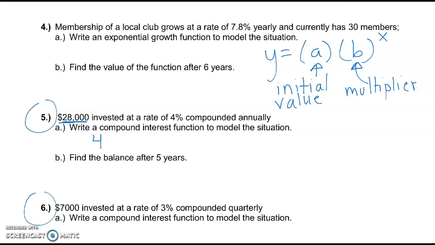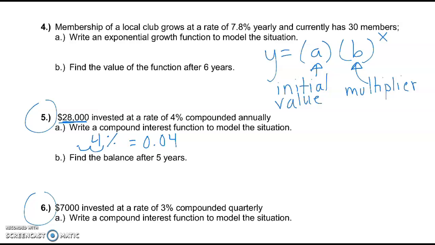I know that this is going to grow by 4%, so it's going to increase by 4%. The first thing I need to do is convert that percent into a decimal. So I'm just going to move my decimal 2 places to the left, so this becomes 0.04. Now, 28,000 is invested and you're going to earn 4% more every year. So if I'm showing that the account is earning more, I need an increase of 4%.